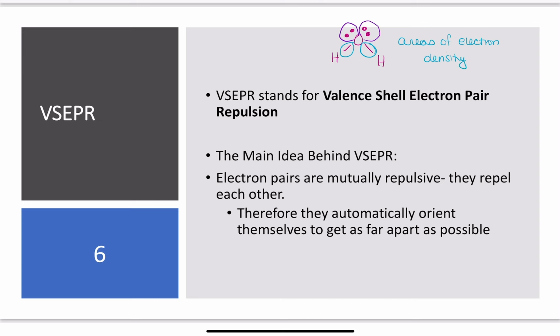Meaning areas that electron clouds or the electron itself resides. Those areas will repel each other. And what they do is they automatically orient themselves so they can be as far apart as possible to minimize that repulsion.